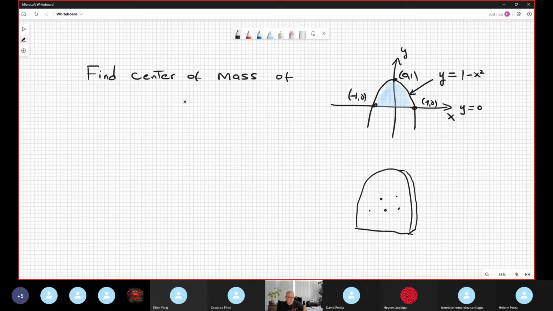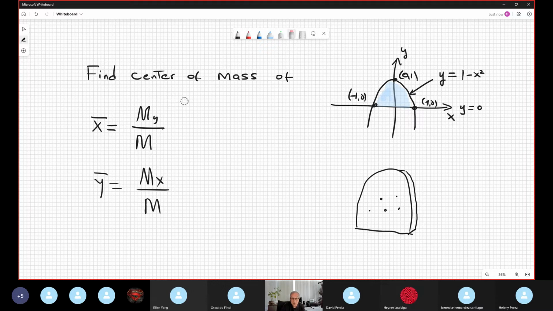Okay? And what is the formula? Well, the x of the center of mass is the moment about y divided by mass. M is the mass. I need the density function, and y is the moment about x divided by mass.